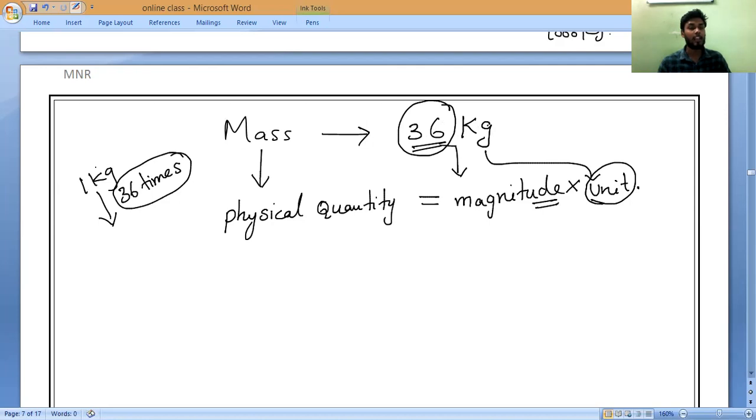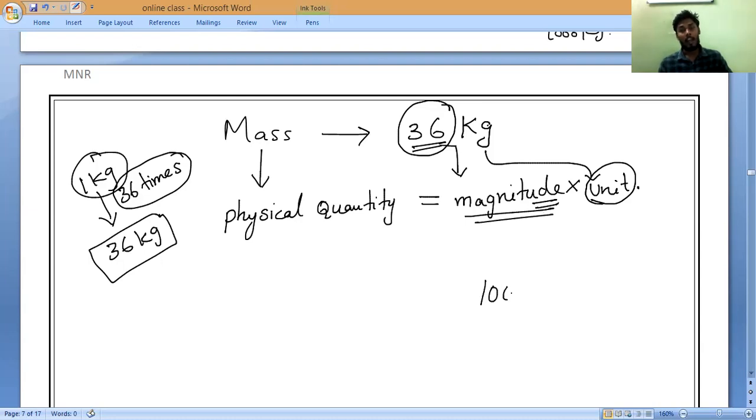I am considering 1 kg mass 36 times, so it equals 36 kg. This is the number of times I consider the same unit, and that is what we call magnitude.